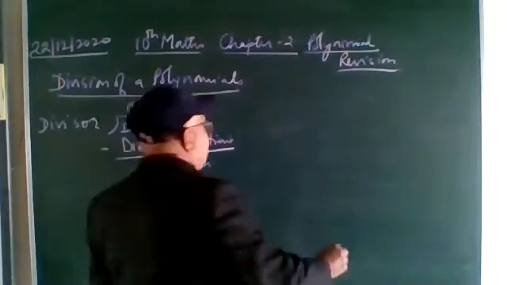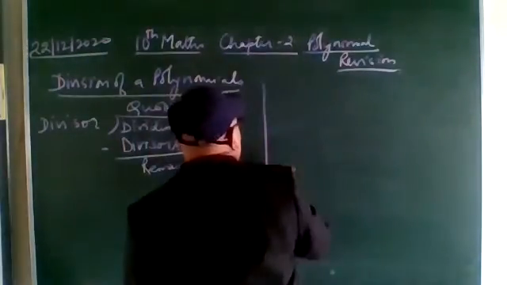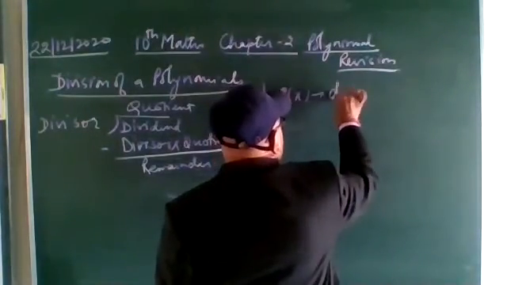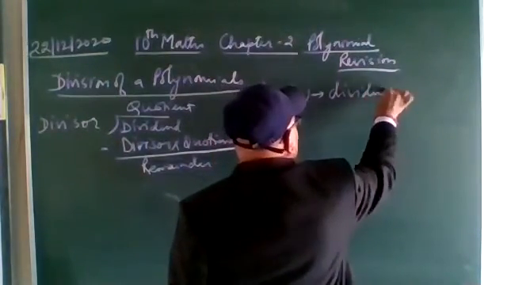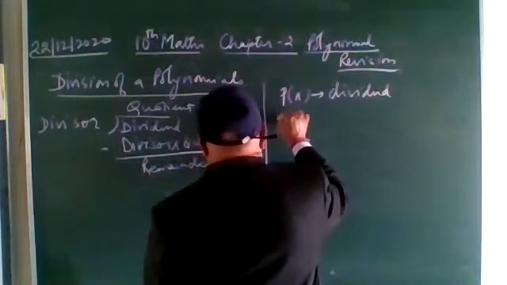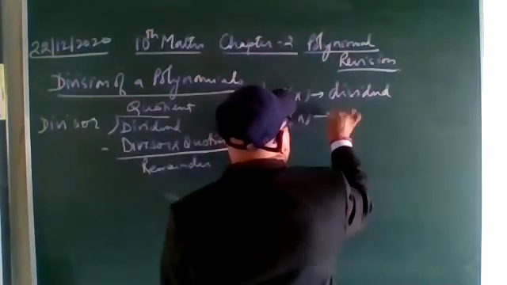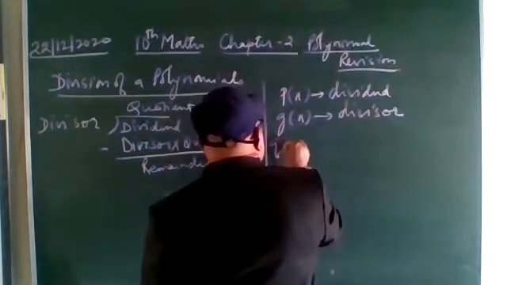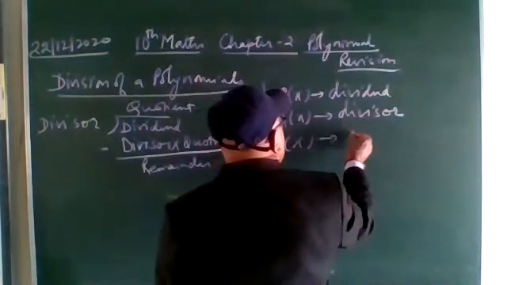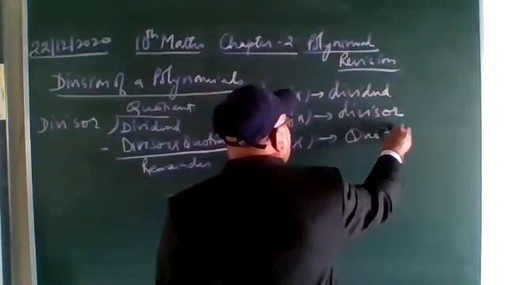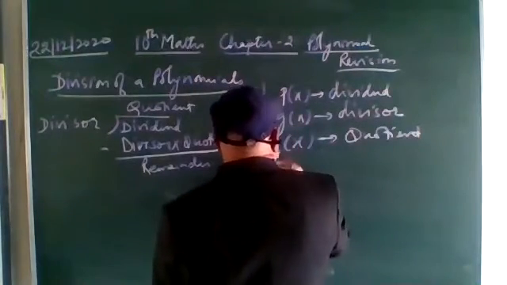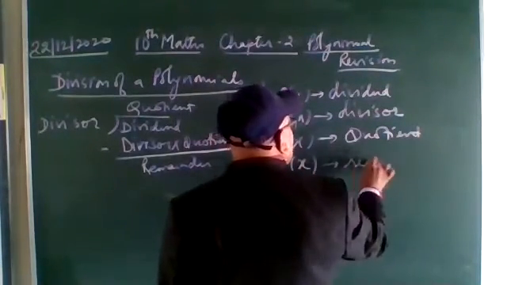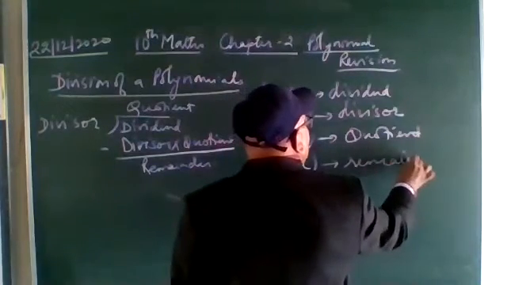In the polynomial, we take P(x) as the dividend, G(x) is the divisor, Q(x) we take as the quotient, and R(x) the remainder.